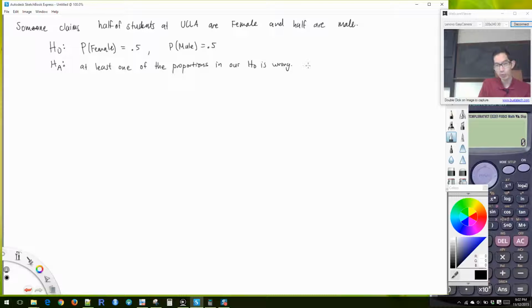So when it's written this way, this is a non-directional alternative. I'll cover the scenario where we have a directional alternative as well.